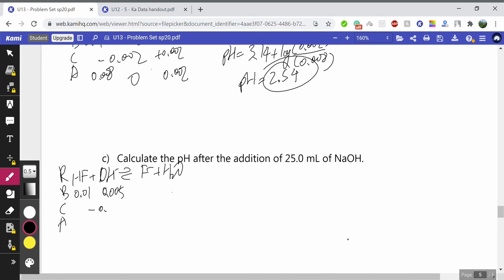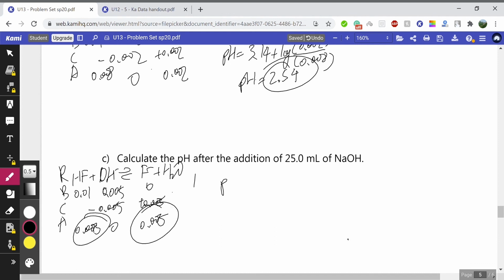If you subtract both sides by 0.005, you'll get 0 over here and 0.005 over here. If you add 0.005 over here, you get 0.005. So when these two are equal, it shows you that this is the half equivalence point. So at the half equivalence point, pH is equal to pKa. We found that pKa is equal to 3.14, so pH is going to be equal to 3.14.